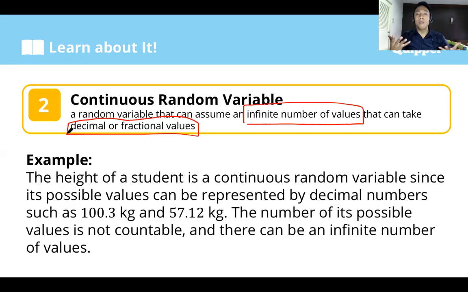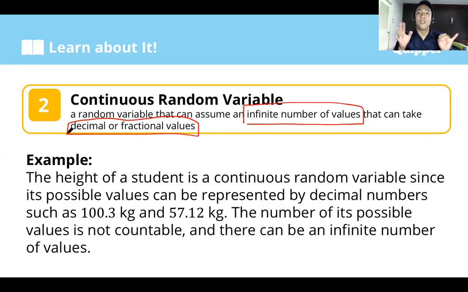Kasi hindi mo naman siya mabibilang using your fingers. Mabibilang mo yung 1.5? So do you want us half? No, we cannot. So you need to understand the difference between the continuous and the discrete. Ang discrete, nabibilang.